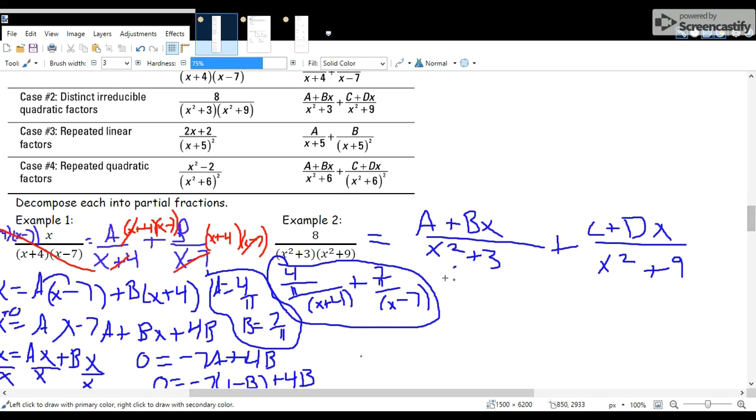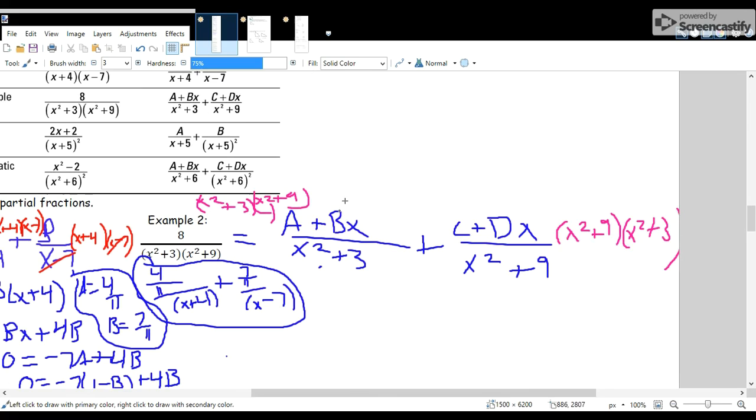So from here, we're going to set them each equal to each other, and then we're going to multiply everything by the denominator. And from here, these will cancel out, and these will cancel out.